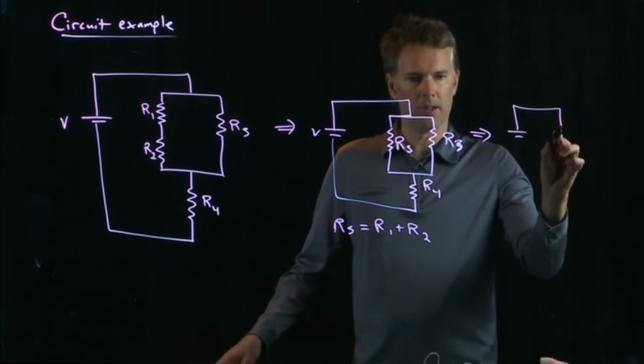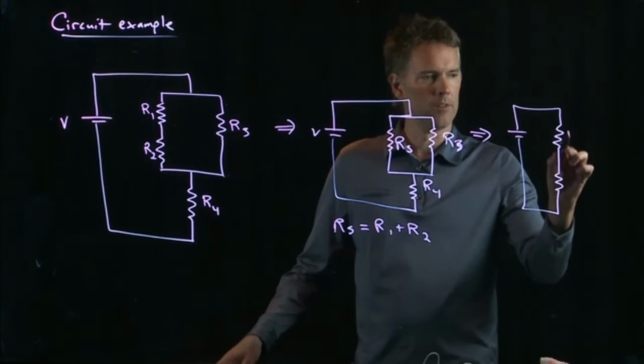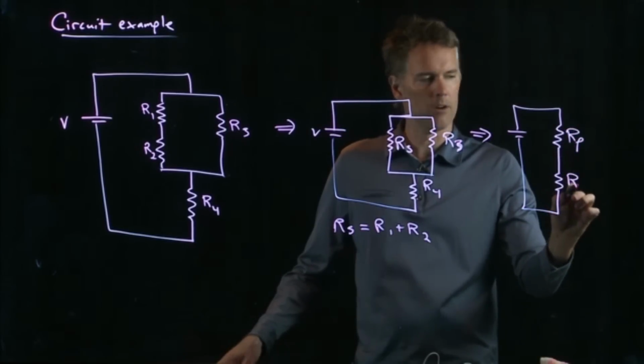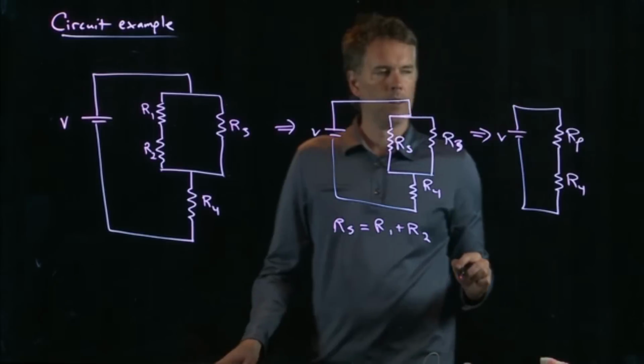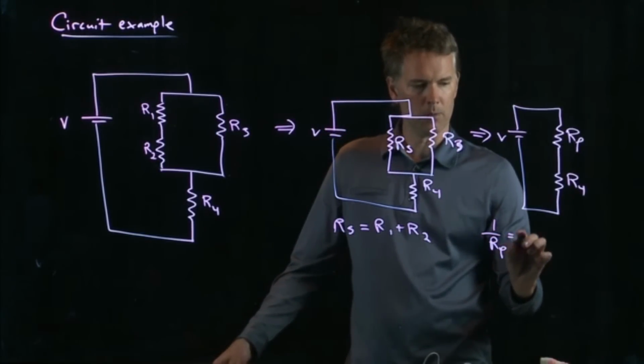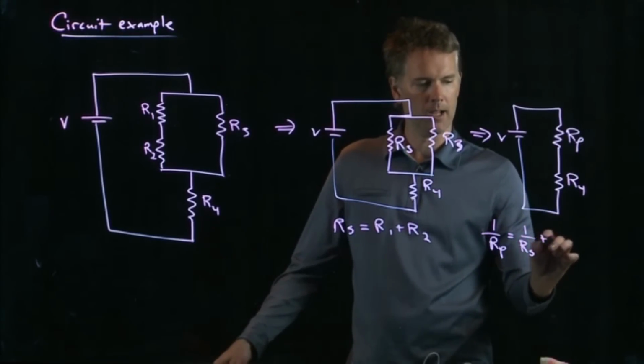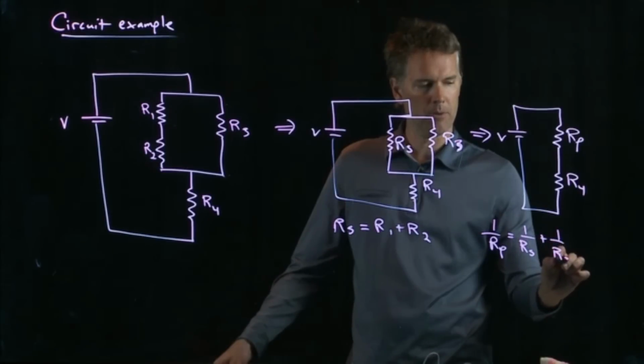The next step is this. This is RP, that is R4. 1 over RP equals 1 over RS plus 1 over R3.